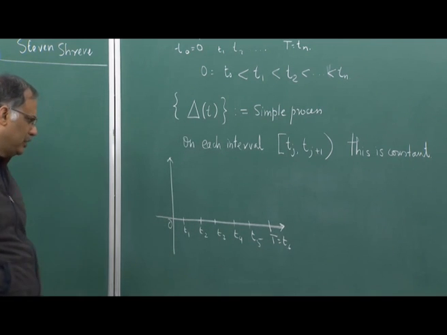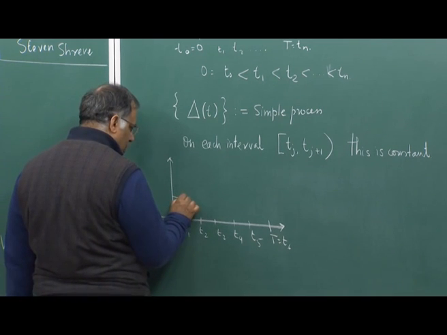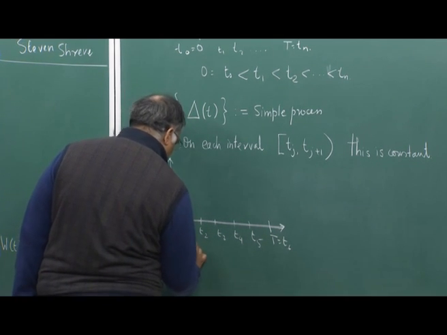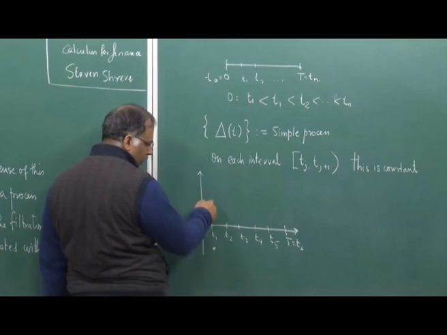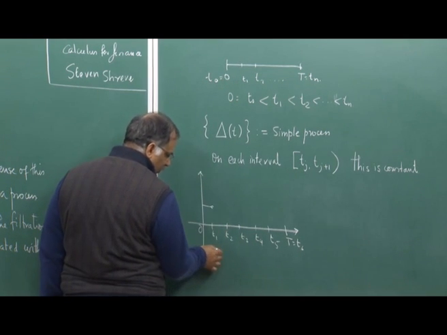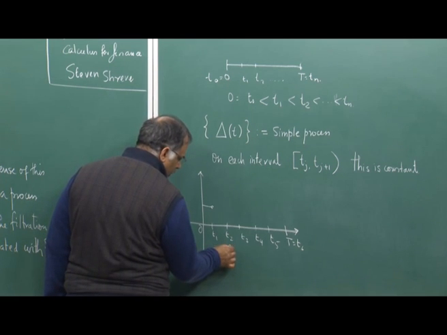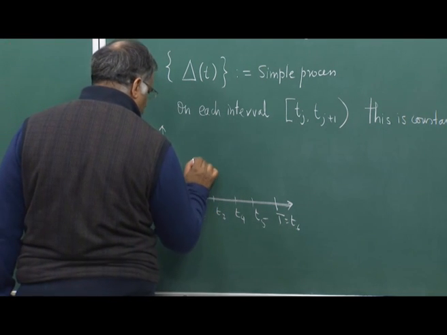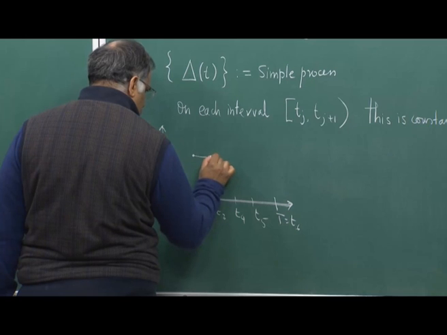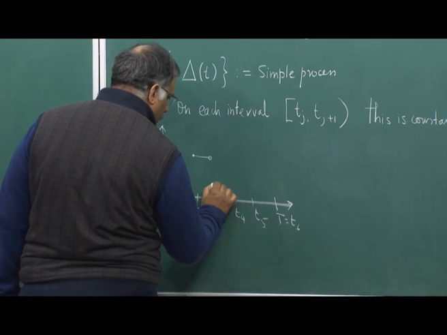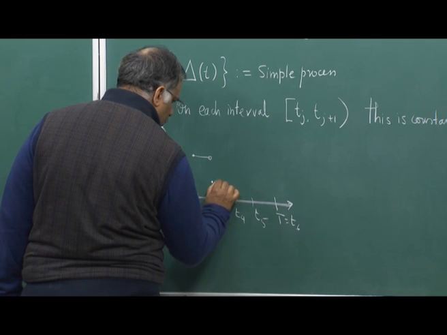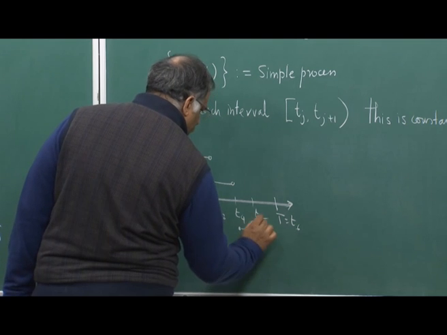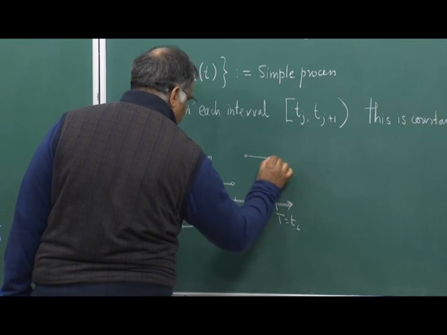So, from 0 to t1 you have some particular value, then at t1 you do not have the value, this value is not valid here, it starts again from here, t1 to t2, that is why we are giving this round, this is one particular value, and t2 to t3 it could be like this, t3 to t4 it could be like this, t4 to t5 it could be this one, and t5 to t6 it could be like this, just as an example.